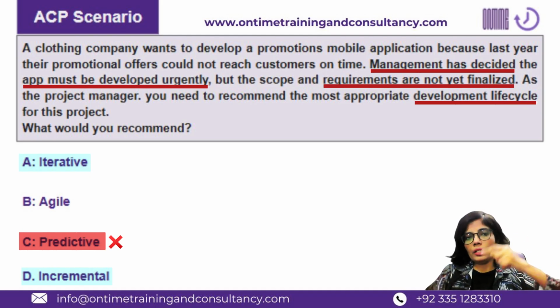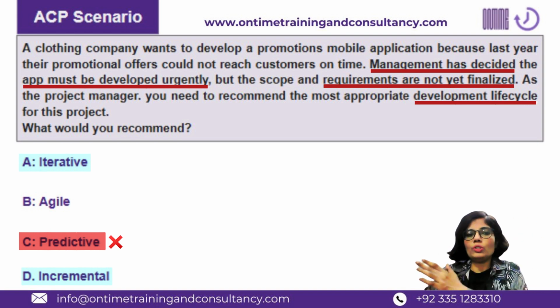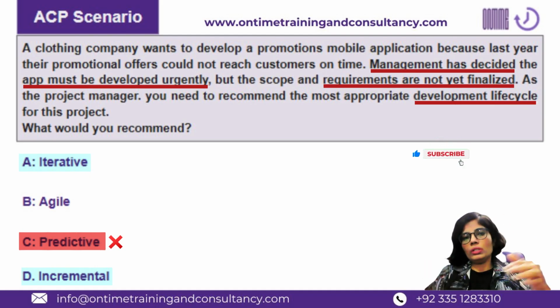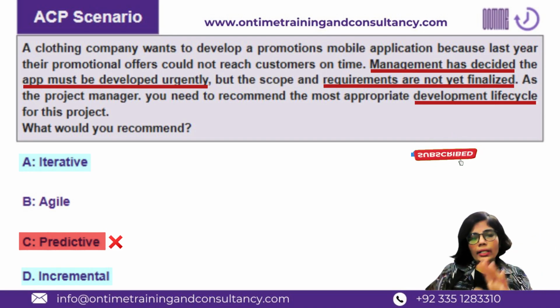So you repeat the cycles, as many cycles as you want, till the time you get the required product. And incremental means you break down the work into small or big chunks depending on their logical breakdown, and you deliver that. So that is incremental and iterative.